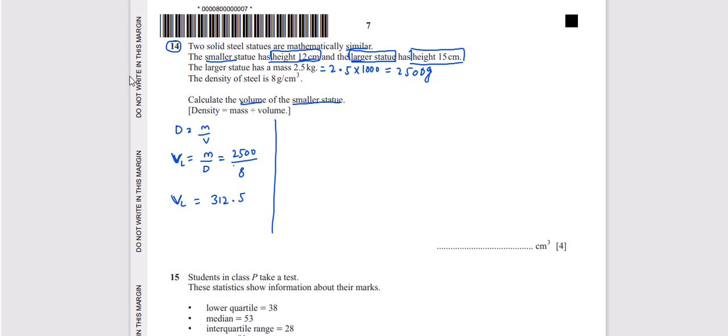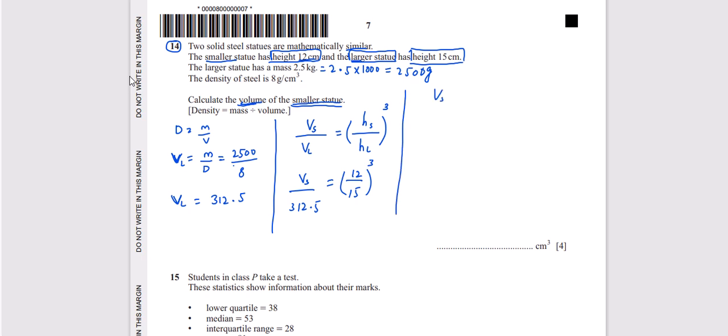And we know that to calculate the volume of the smaller statue, the required formula is volume of small statue divided by volume of large statue is equal to the height of small statue over the height of large statue, raised to the power 3.